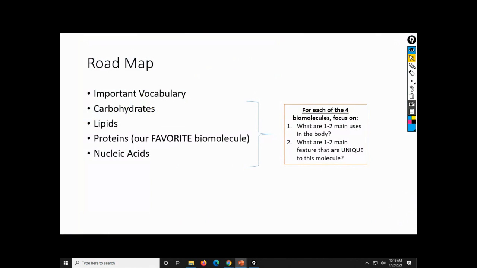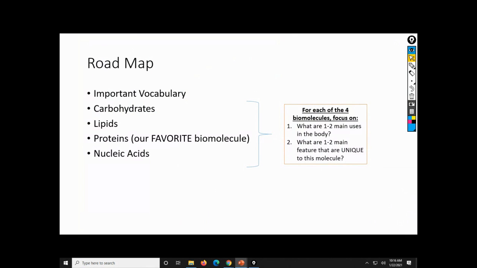So here's what we're going to do as we go through this. You're going to see these types of roadmaps a lot. They'll be really valuable to us. And this is how many of our units are going to look from here on out. So much of the time, we're going to start with some important vocabulary that's going to help us navigate whatever unit is to come.